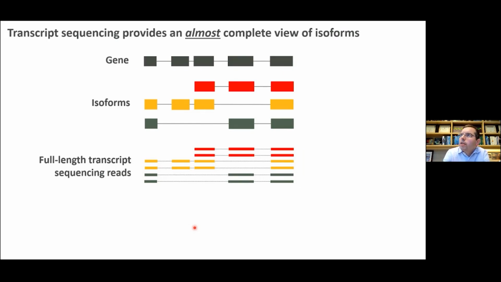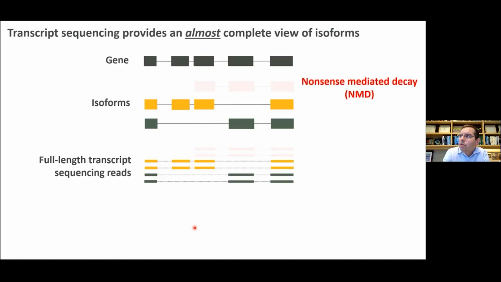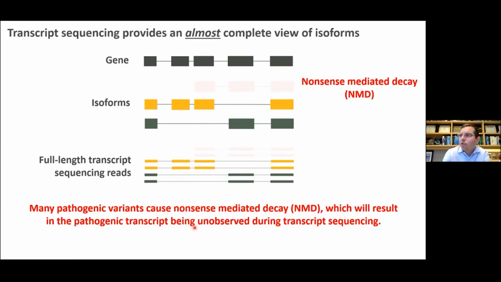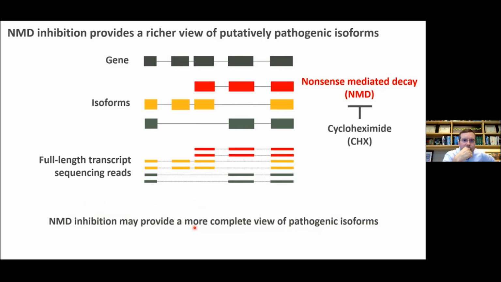One of which is that when it comes to Mendelian conditions, oftentimes a lot of the transcripts which we care most about are degraded by nonsense-mediated decay, because they contain either splice altering or premature truncating or premature stop codons, you name it. As a result, we're missing a lot of these functionally critical transcripts when we do standard steady state long read transcript sequencing.